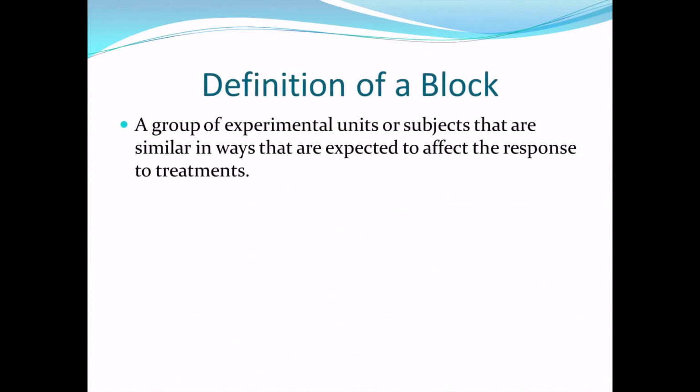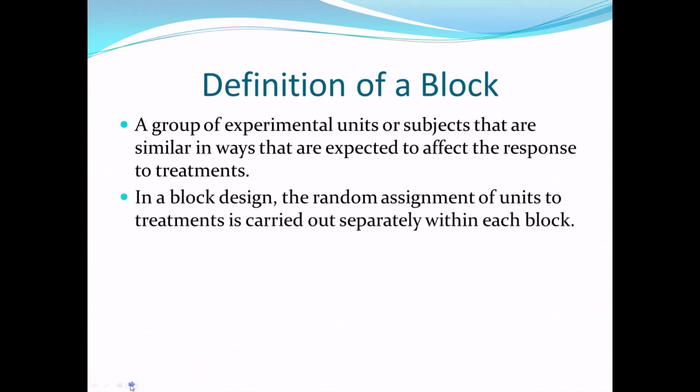So the definition of a block: this is a group of experimental units or subjects, like all men or all women, that are similar in ways that are expected to affect the response to treatments. So in a block design, the random assignment of units to treatments is carried out separately within each block. This is important. Now, you're not going to really understand the true meaning of this until you see the flow diagram.